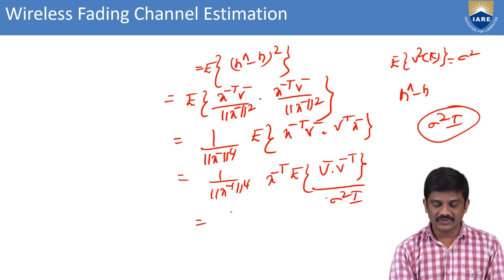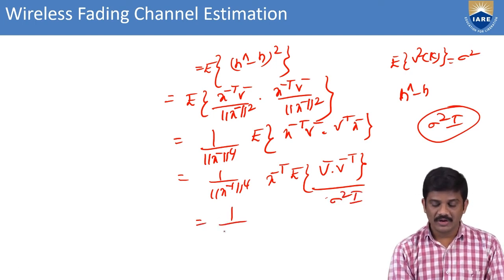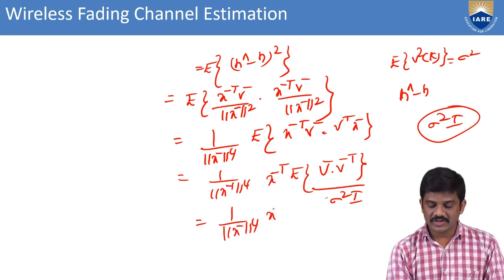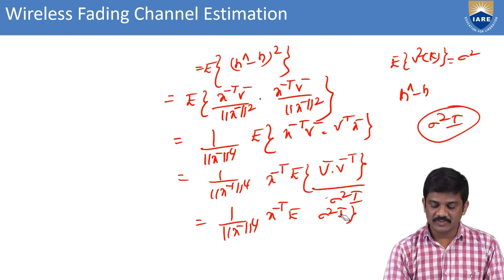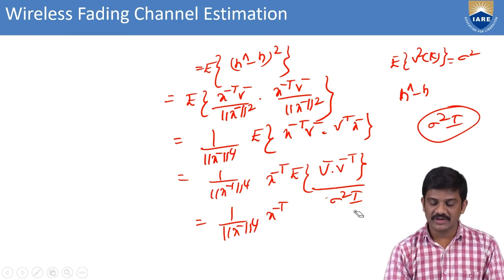Then I can write 1 by x bar whole to the power of 4, x transpose, estimation of this sigma square I. Sigma square I means this value is sigma square, this value is sigma square y.